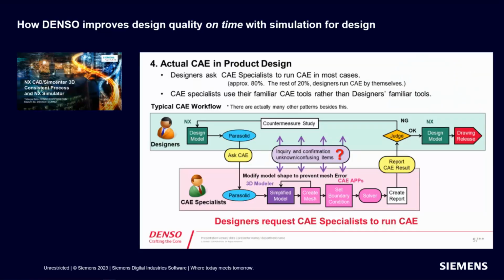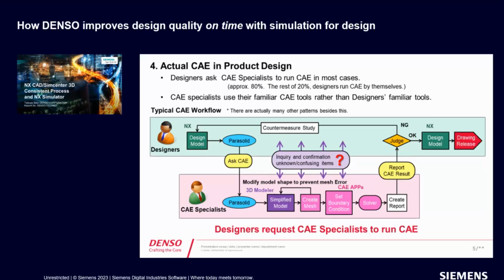On the first slide, we're talking about their previous situation where their designers and their CAE specialists are kind of siloed. Their designers are working on only design tasks. They're not doing a whole lot of simulation. They're doing some, but not nearly the amount that they need to do, and they're relying on CAE specialists to do more detailed simulations.